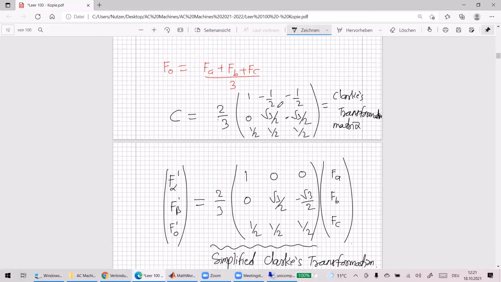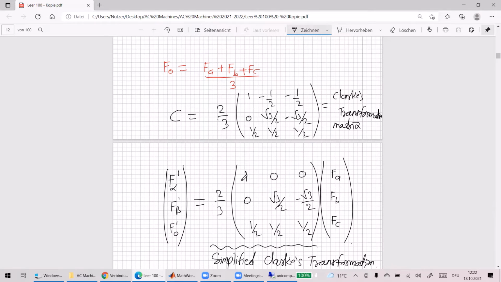As I said, I will share this document with you. Which one do you like more? The simplified or the actual one? Or you just don't know? The simplified? Yeah, never use that. Never use that.